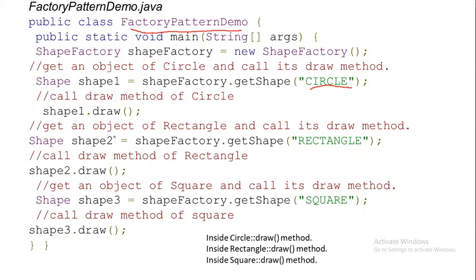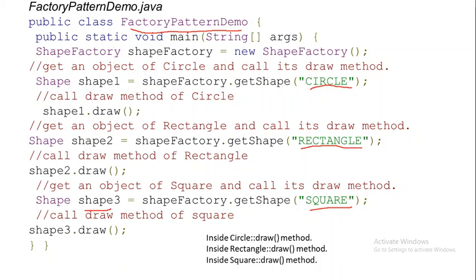In the same way, if we pass the parameter rectangle, automatically it is going to create an object of type Rectangle with the help of the getShape method. shape2 is going to be created with the Rectangle model. Now if we pass square as parameter without considering the case, shape3 will be the Square model object.